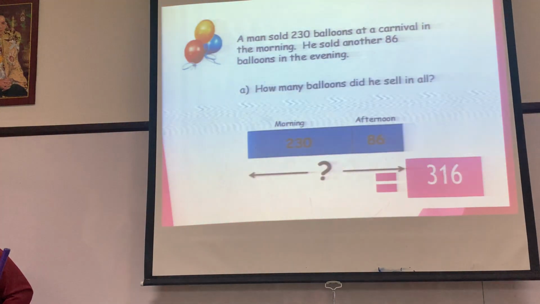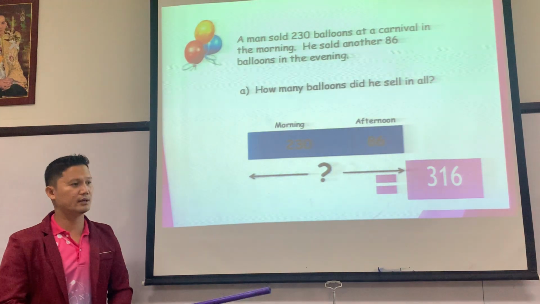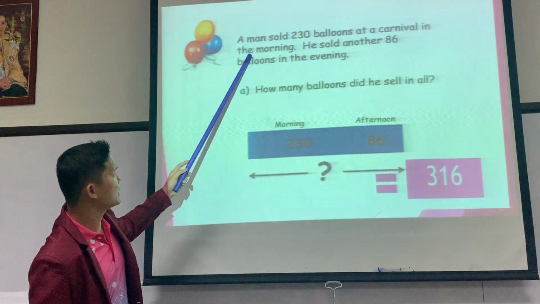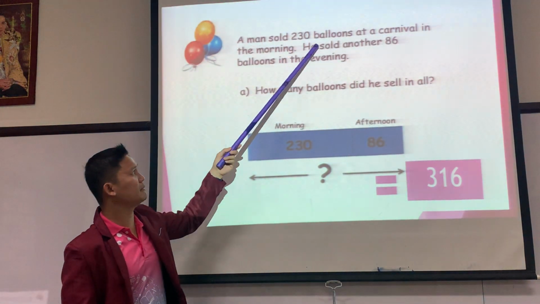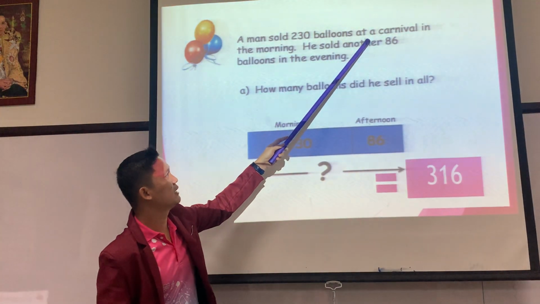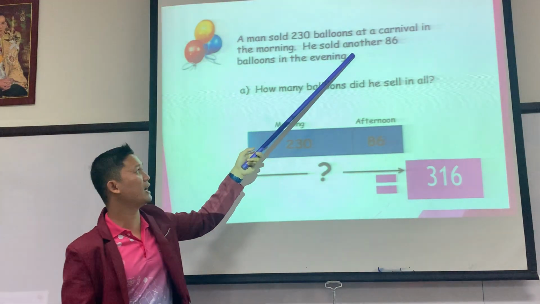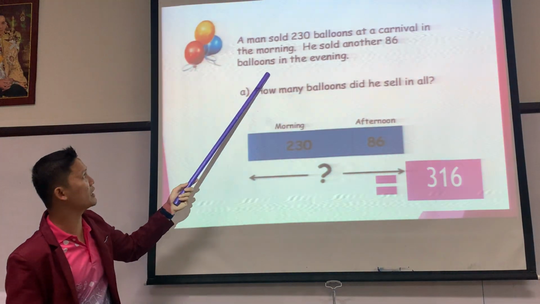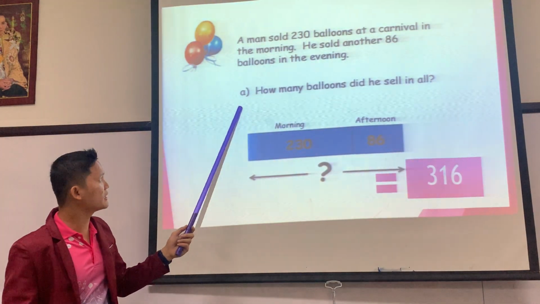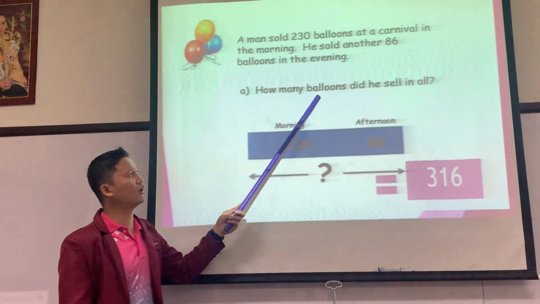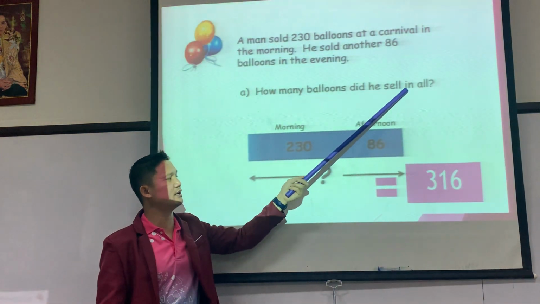Okay, so this one, for example: a man sold 230 balloons at a carnival in the morning. He sold another 86 balloons in the evening. The question is, how many balloons did he sell in all?